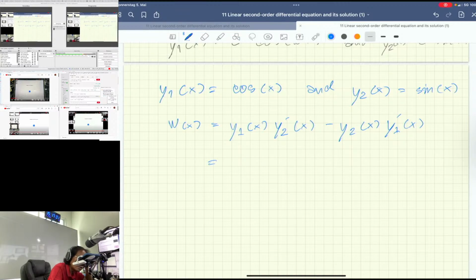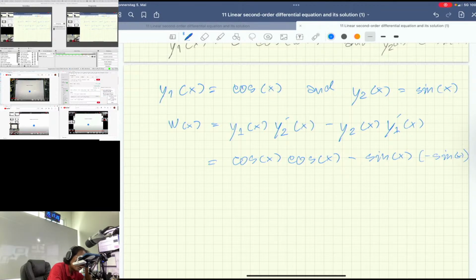So y1(x) is cosine x. y2(x) is sine x, and the differentiation of sine will be again cosine x. Minus y2, which is sine x, and the differentiation of y1(x) will be negative sine x.